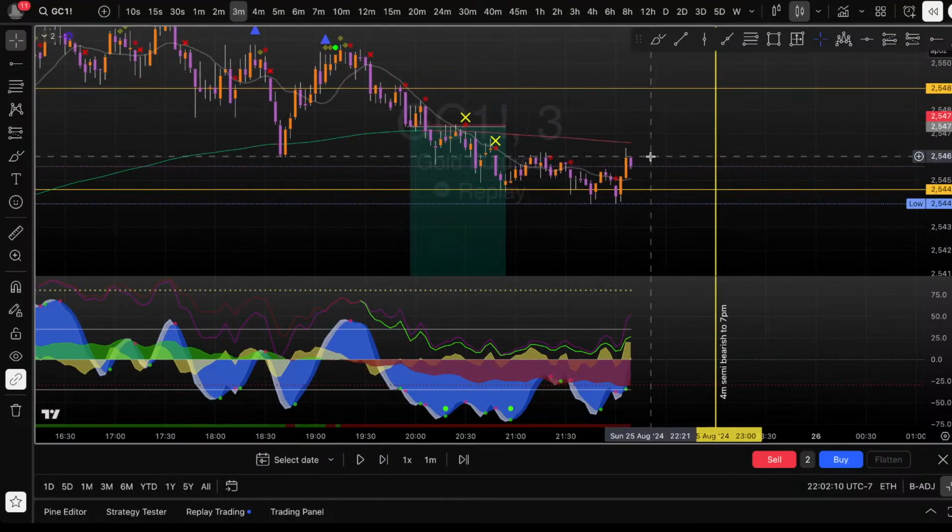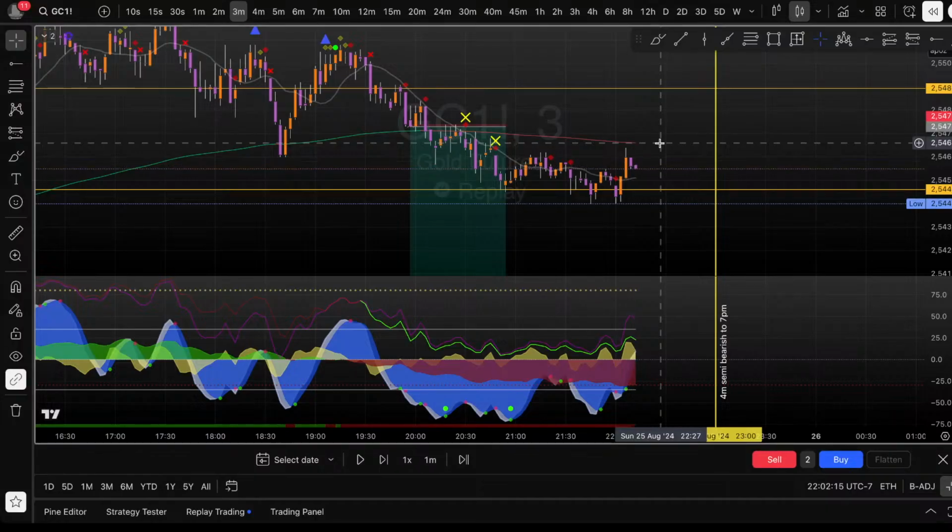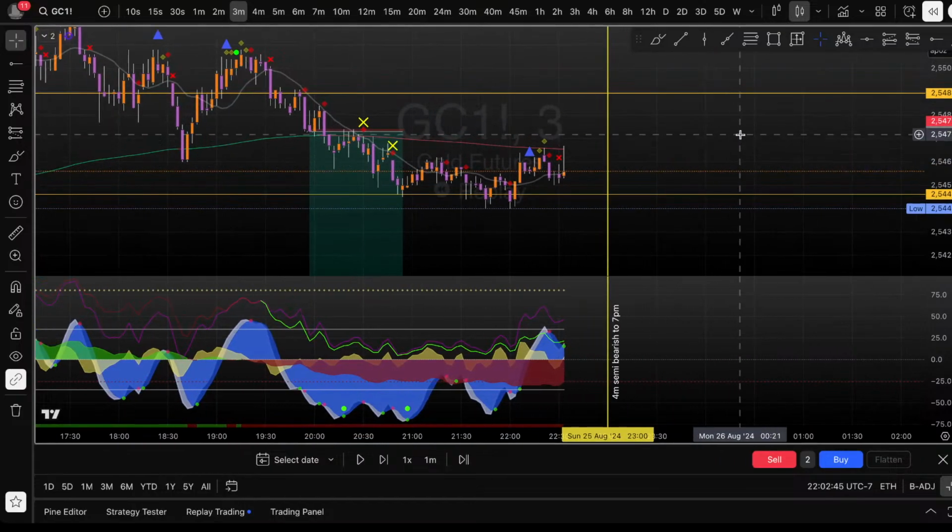We got this moving average. Blue triangle means change in trend. Hopefully it changes this little bullish trend that's going on into something bearish. Come on, bears, where you at, baby? Claw. Claw, bears, claw.